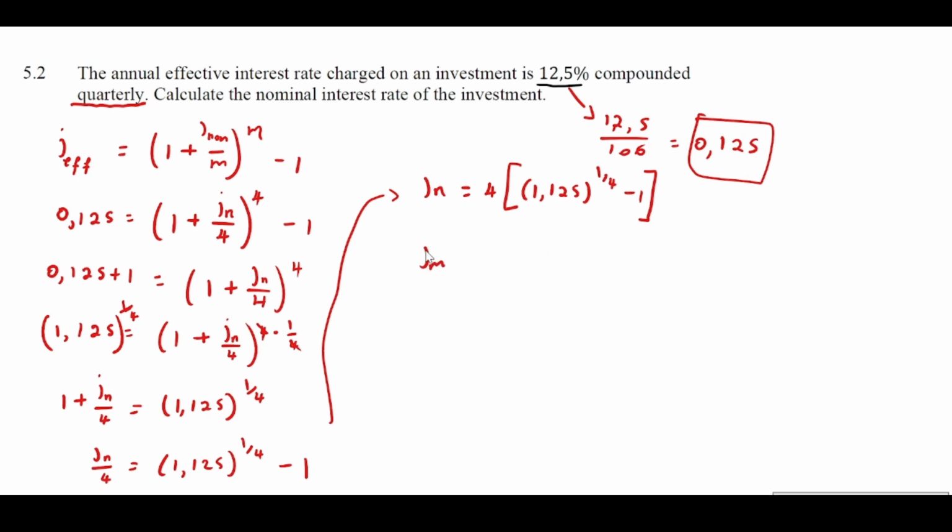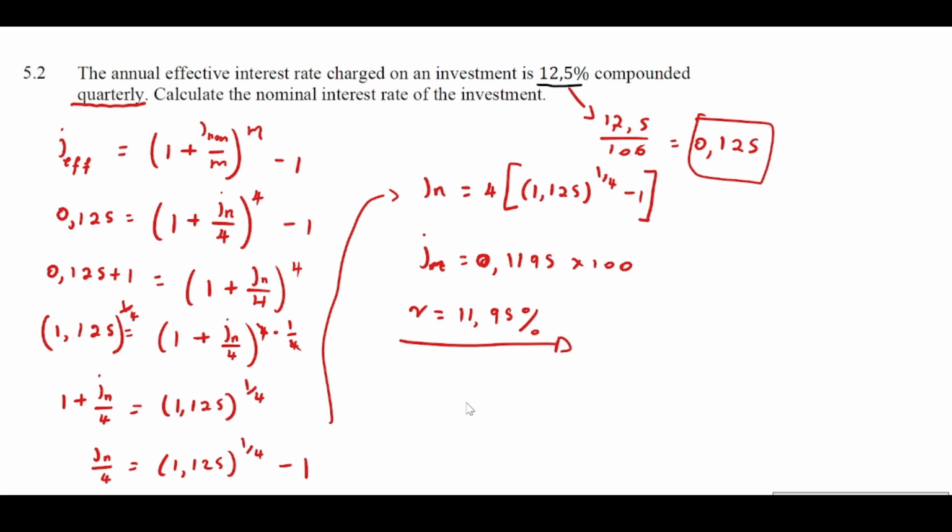So your nominal interest is going to give us 0.1195, and then you multiply this by 100, so you get that rate, which is going to be 11.95%.